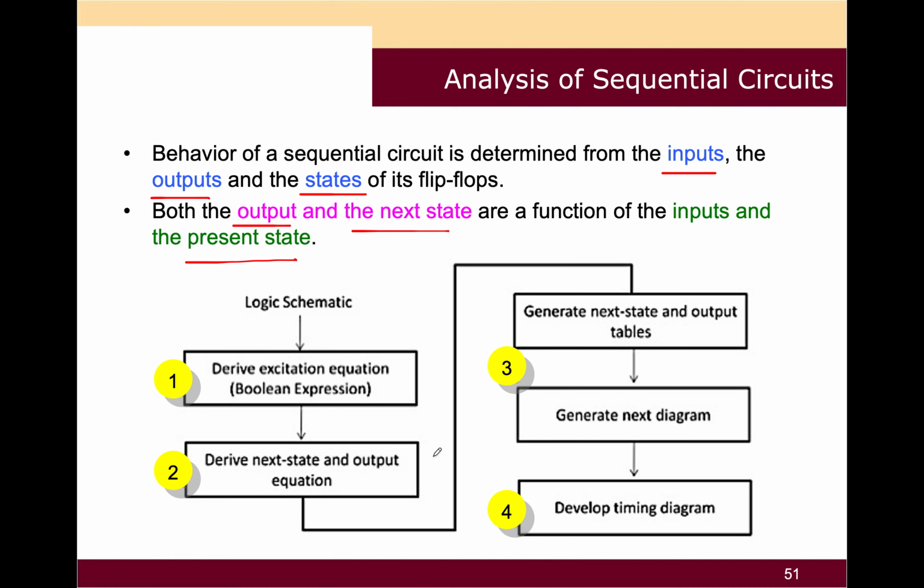When you want to analyze a sequential circuit, first you need to derive the excitation equation, then derive the next state and output equation, generate the next state output table, generate the state diagram, and develop the timing diagram.